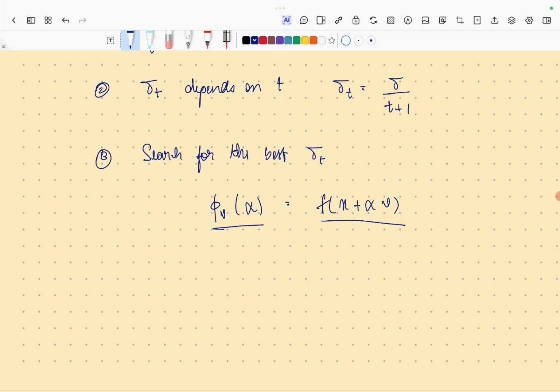But there is a caveat. What is that? Let's think about the complexity that is involved.